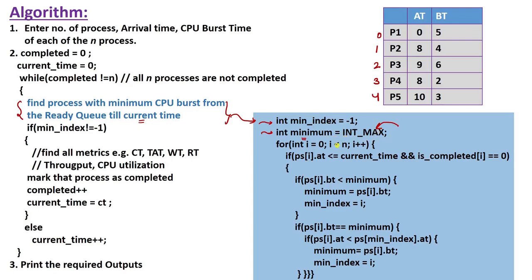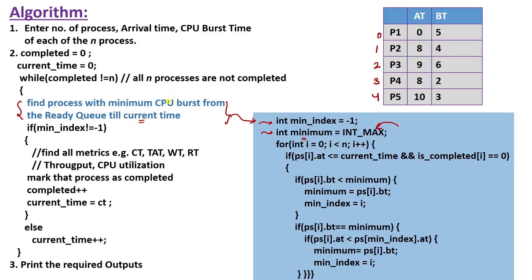I think this is the simple code that you studied in your first semester or lower classes: how we can find the minimum. So we initialize it with the maximum number, using the macro INT_MAX, which initializes minimum with the maximum integer value. Now inside this code, you can see we run the loop from i equal to 0 to n.